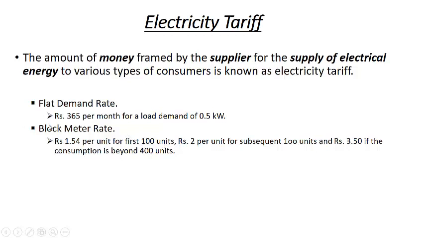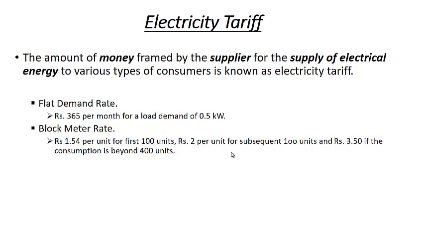So when this is done, rupees 1.54 is charged per unit for the first 100 units, rupees 2 per unit for the subsequent 100 units, and then rupees 3.50 if the consumption is beyond 400 units. In this way, this tariff is defined.